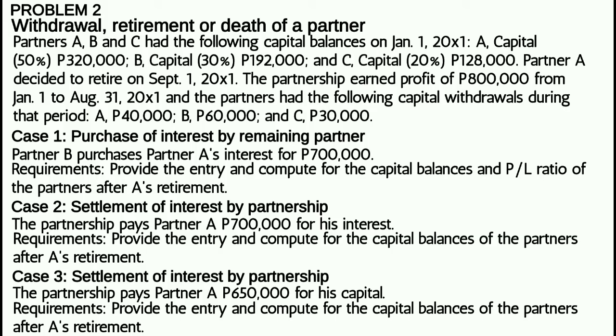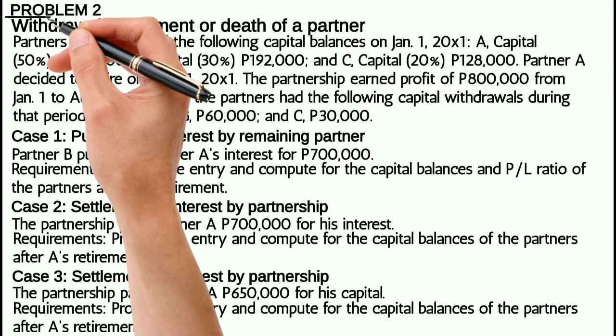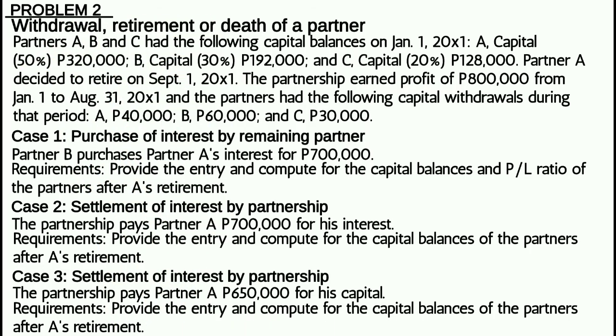Requirements: provide the entry and compute for the capital balances and profit or loss ratio of the partners after A's retirement. Case 3, settlement of interest by partnership. The partnership pays partner A 650,000 pesos for his capital. Requirements: provide the entry and compute for the capital balances of the partners after A's retirement.